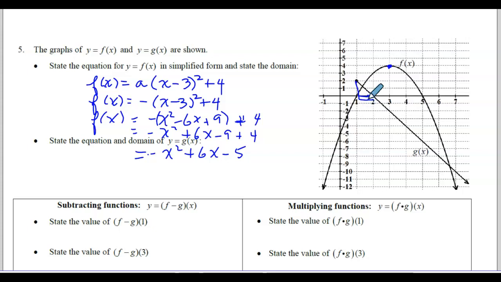So that is slope of negative 2. And so if we were to extend this back up, we'd have a y-intercept of 4. So this will be g of x equals, it's a negative slope, so negative 2x plus 4.